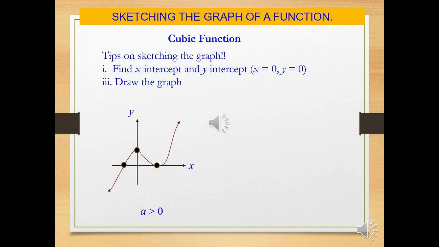Therefore, the graph is like this. For the second graph, we have one intercept with the y-axis, two intercepts with the x-axis, and a less than 0. Therefore, the graph is like this.